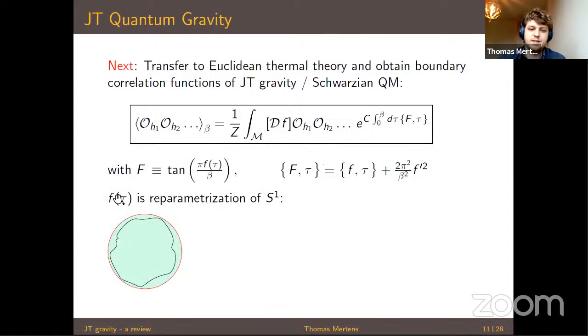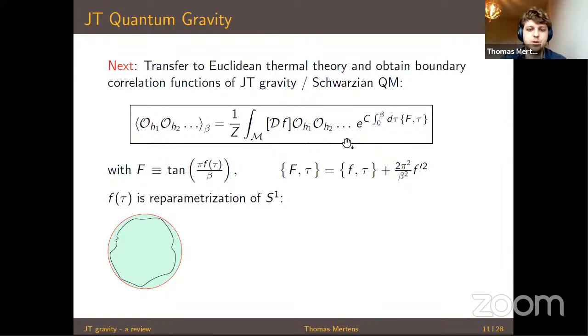And when I write it like this, small f as a function of tau is now a reparametrization of the thermal circle. So I'm doing a Euclidean thermal calculation, which means I'm considering a thermal disk, which is this red line here. And then I have this wiggly boundary curve that's close to this boundary that describes the Schwarzian dynamics. So this is the Euclidean thermal story, or the analog of the Lorentzian picture that we had earlier.